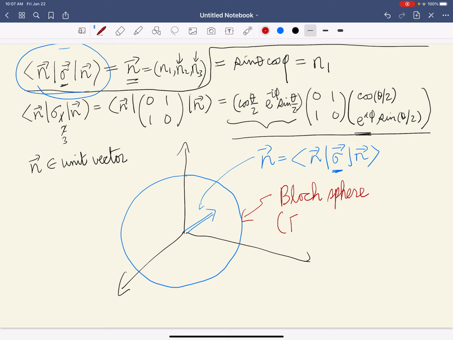This is named after a famous physicist, Felix Bloch, who was actually the first ever PhD student of Werner Heisenberg. Initially, he thought about the motion of electrons in a crystal and came up with his famous theorem called Bloch's theorem.